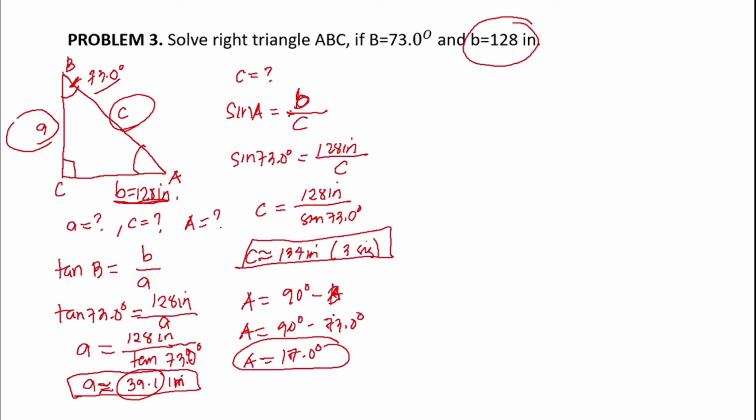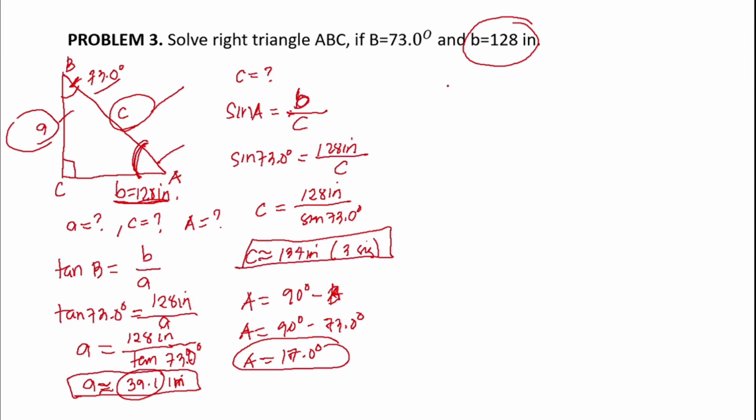So now we have solved the right triangle. We have a, c, and A as our unknown values here. In this case, we could make use of the given information A to solve for c and a. Why? Because it exacts 17 degrees when you subtract 73 degrees from 90.